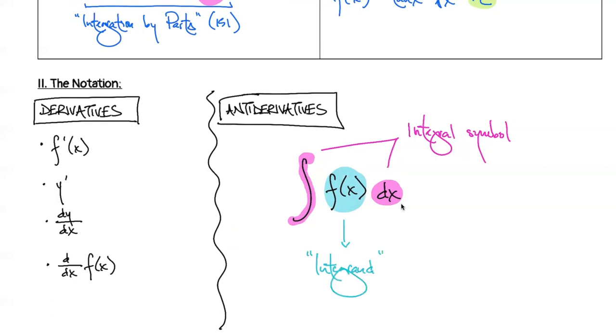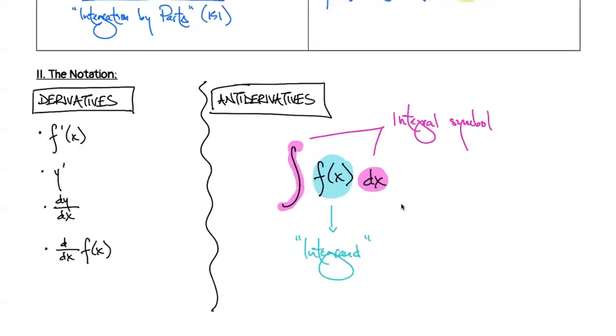So if someone says, what's the integrand? They mean what is the function that you are taking the antiderivative of. All right, so that's the good news. The good news is there's like one symbol that you need to know. And it's different from derivatives because we had so many for derivatives, but we're looking at just this one symbol right here.